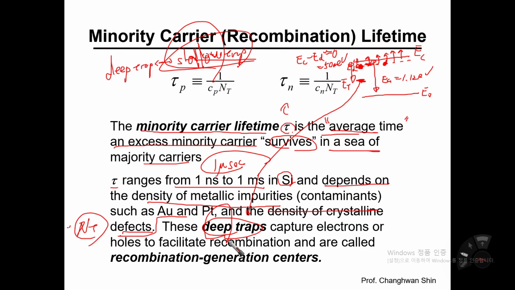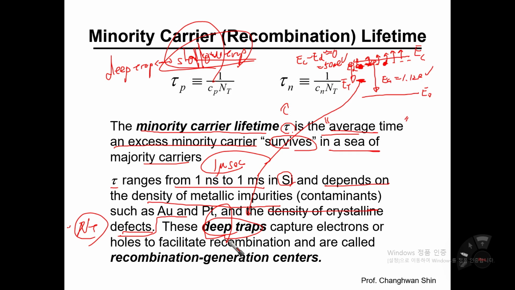So once electrons or holes are captured into this deep trap, it is not easy to get out and get in. Why? At least to get in and get out, half the band gap energy is required. Okay?